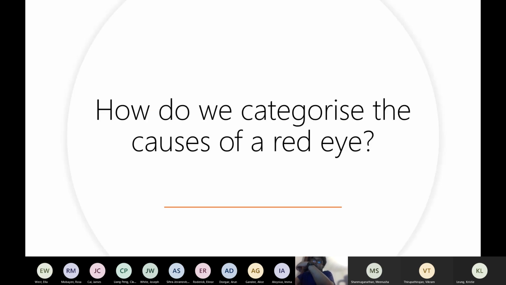Fine. How do we categorize the causes of a red eye? There's two ways to do this. So any ideas? There's 2 systems we can use. So anatomically, absolutely, you can categorize it anatomically, yes.